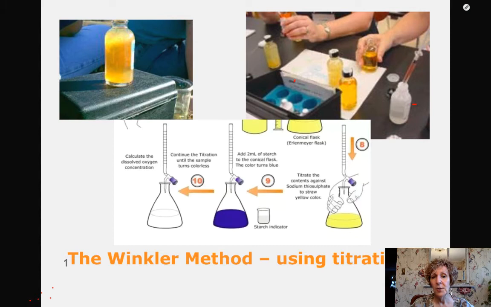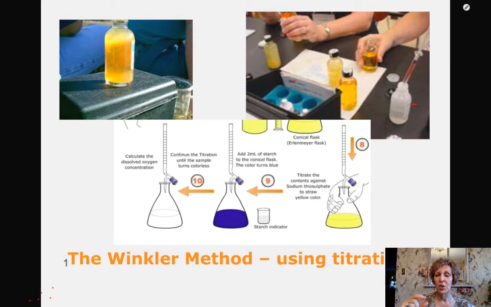So we are going to use in our lab a method to determine dissolved oxygen called the Winkler method. The Winkler method is a series of chemical reactions that ends up making a color change. And we are adding a chemical, a very specific amount, in a process called titration.